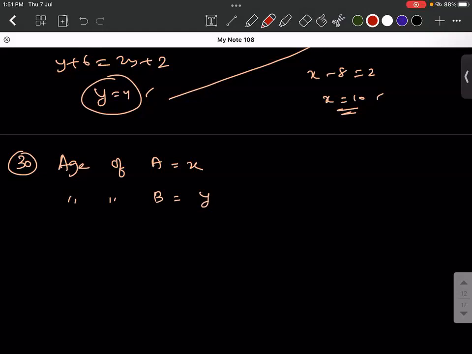So my present age, that is x, is equal to... what is the first one? So my present age is 5 times your age when I was as old as you are now.